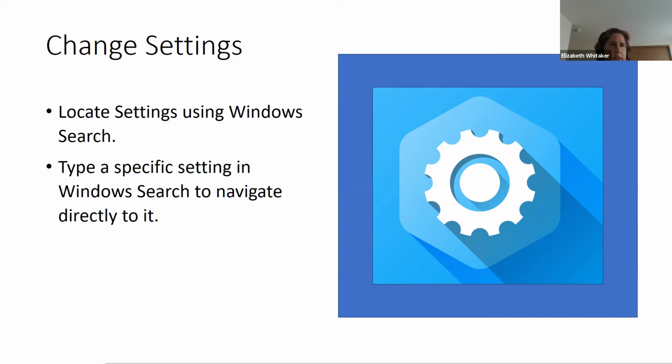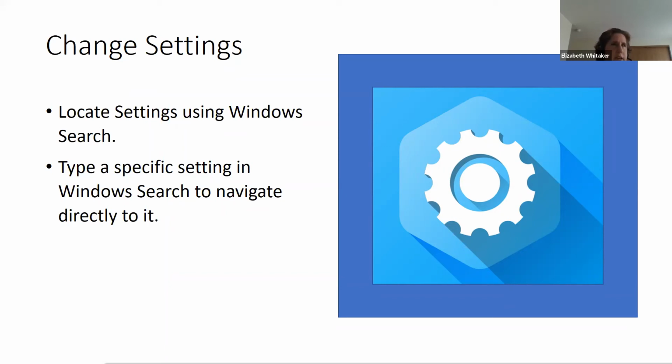And if, of course, like we talked about, focus doesn't land directly on settings or that particular setting, you can press your down arrow key to navigate to what you're looking for. And then when you find what you're looking for, you just press enter. I use this all the time to find specific settings. I really, really like having that ability. And I'm going to show you how to navigate.